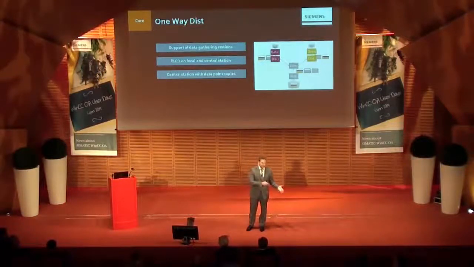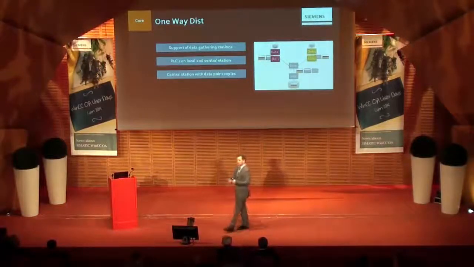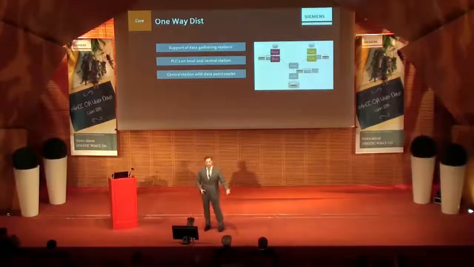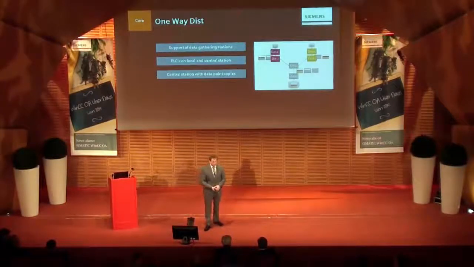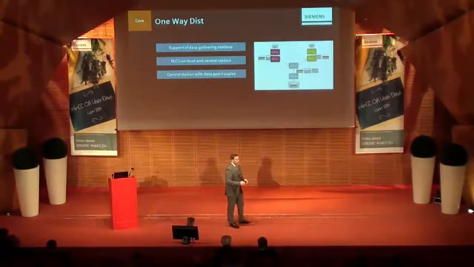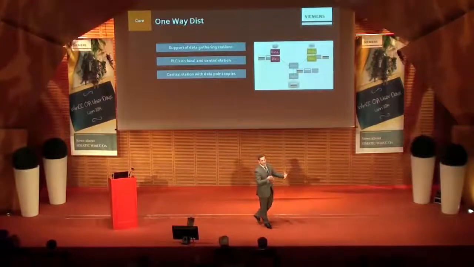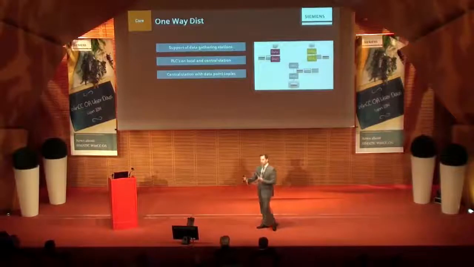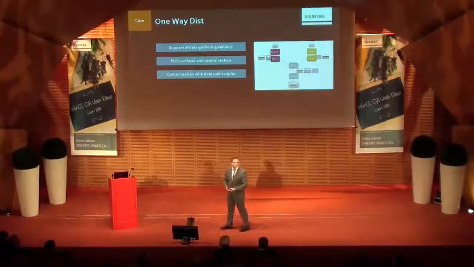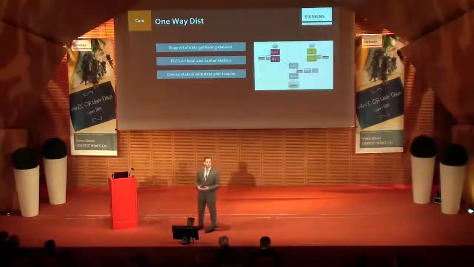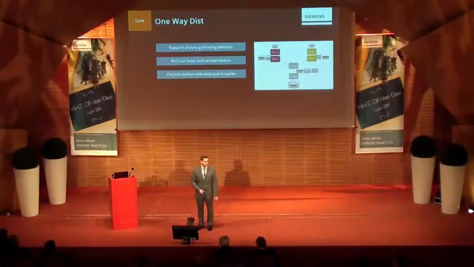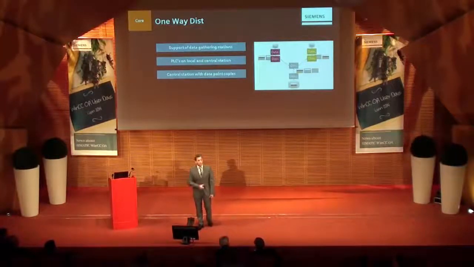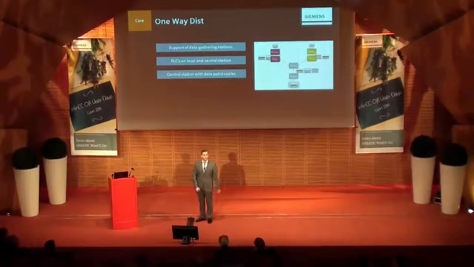You also have the PLC connected to your stations locally and to the central station. Therefore, you have a lot of data point copies in your central station. But how can you improve all this mechanism in the end, and how can you also bring lower network usage to that? A short movie will explain.